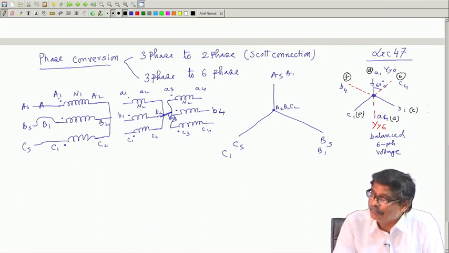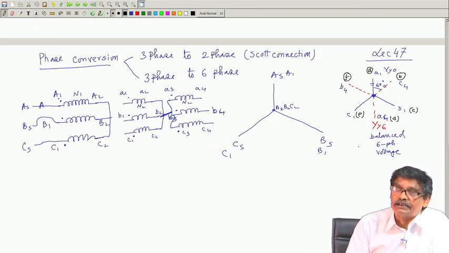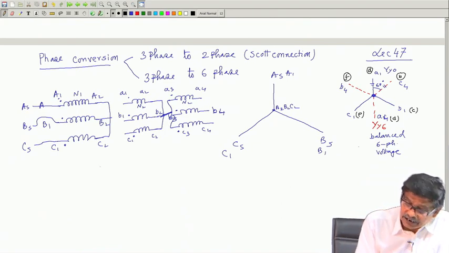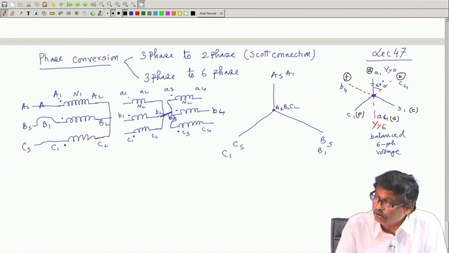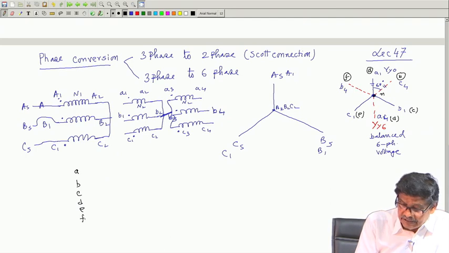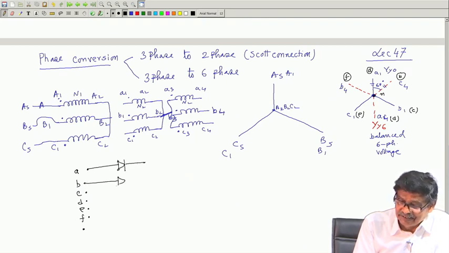I could rename them. Then I have these 6 voltages A, B, C, D, E, F, whose magnitudes are the same, and it also has a neutral. So, I have a supply system now whose terminals are A, B, C, D, E, F, and also neutral. Got the point? What you do now? You connect diodes. One of the applications I am telling, you connect diodes.